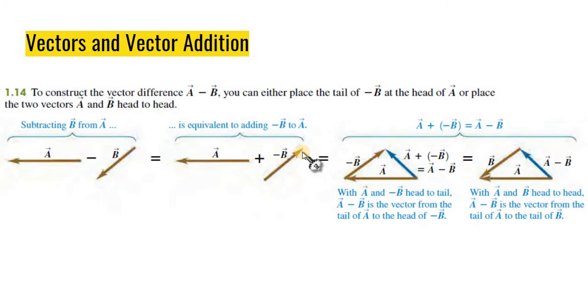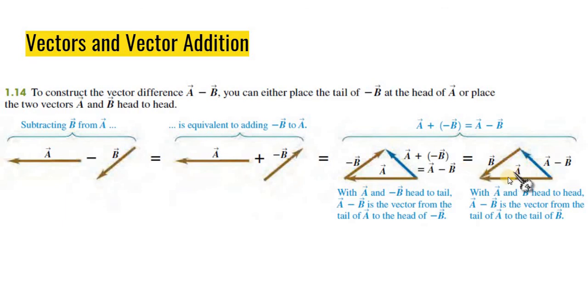And then, you can use the methods in adding vectors. So, you can use it this way from head to tail. The head of vector A is connected to the tail of vector B. And then, from the tail of vector A to the head of vector B, you can draw this arrow, which is the resultant vector.